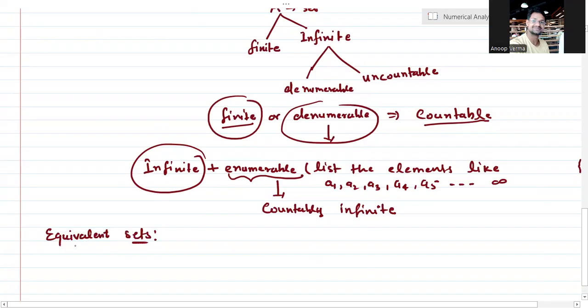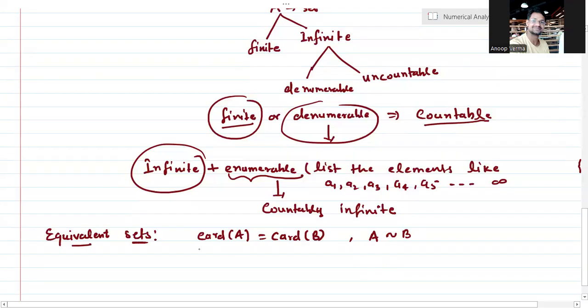Equivalent sets. What are equivalent sets? Two sets A and B are said to be equivalent if their cardinal numbers are equal, then A is said to be equivalent to B. I'm not saying the elements are the same, or that the sets are equal.